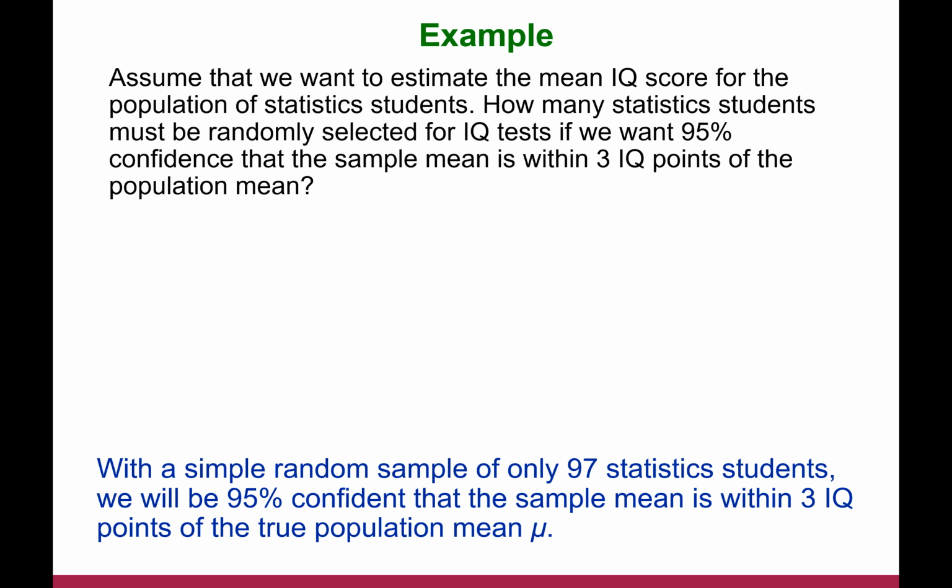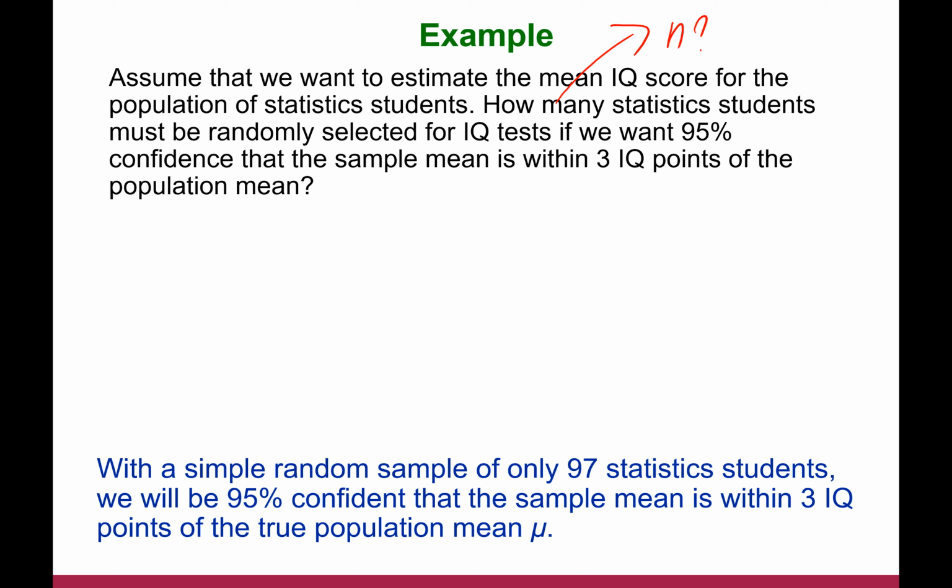Assuming we want to estimate the mean IQ score for the population of statistics students. How many statistics students? This question asks how many, meaning we're looking for sample size n. Statistics students could be randomly selected for IQ scores if you want 95% confidence that the sample mean is within 3 IQ points of the population mean.